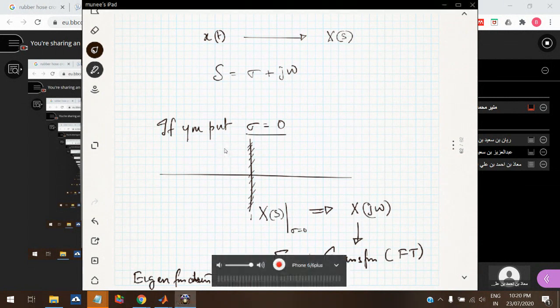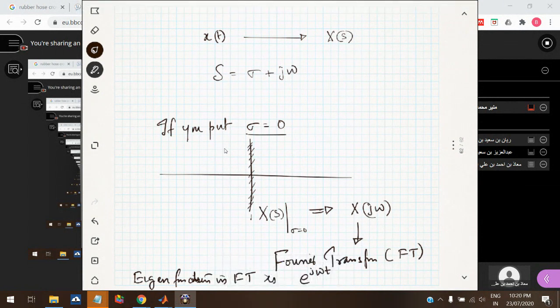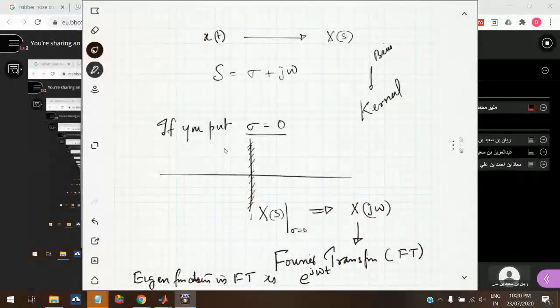So if you make a new basis function, you have a new transform. Usually we call this kind of basis the kernel. So if you define a new kernel function, you can come up with a new theory.